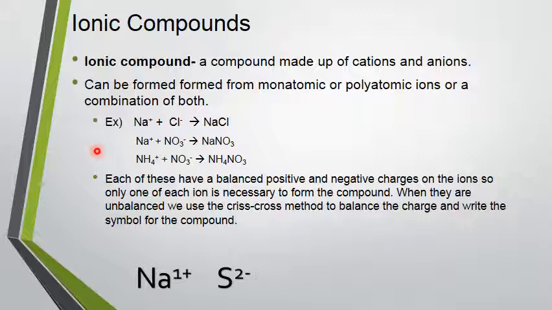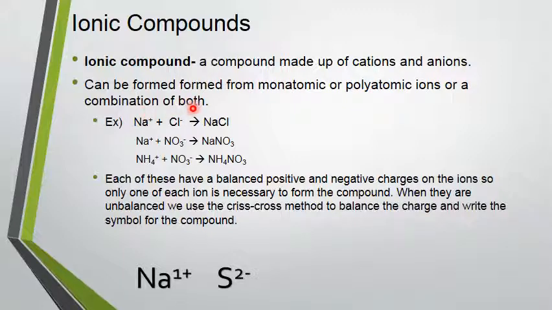So a few examples of ionic compounds. All of these examples have one positive charge and one negative charge on the cation and anion. So it makes it very easy to have these things balanced and attract to each other. So we have sodium from group 1A and chlorine from group 7A.